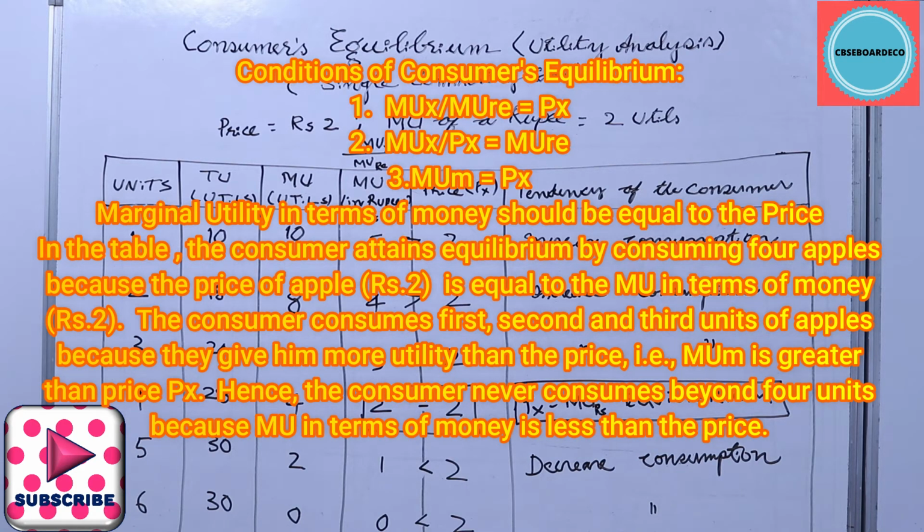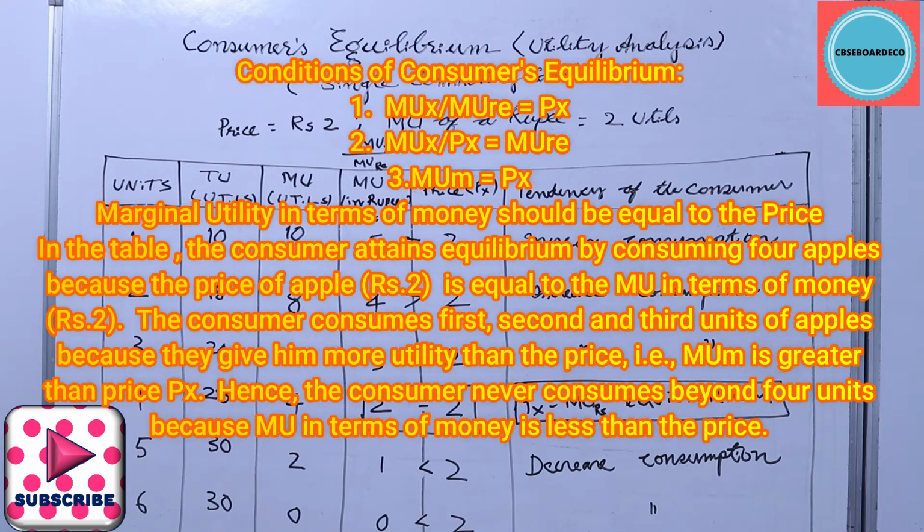We assumed here that the marginal utility of 1 rupee is 2 utils. Let's convert these utils in terms of rupees by dividing MUx upon MU of a rupee. 10 upon 2: the first unit gives you 10 utils, which in terms of rupees is 5 rupees worth of satisfaction.